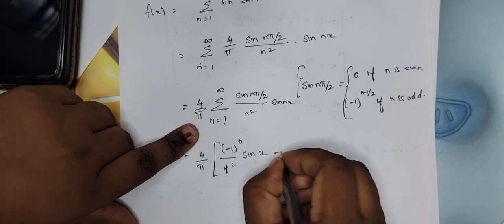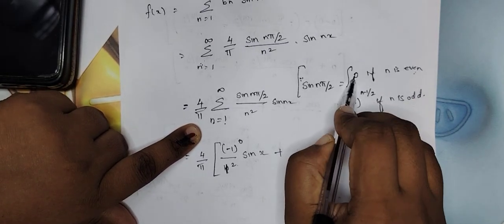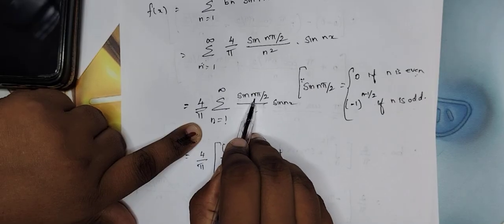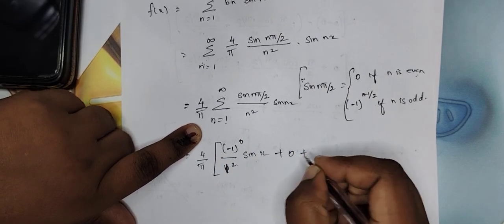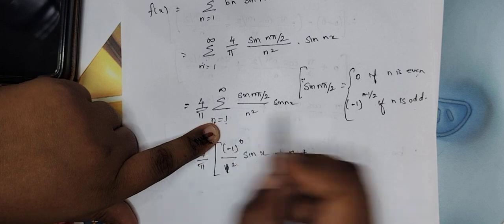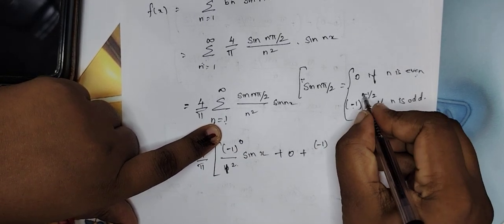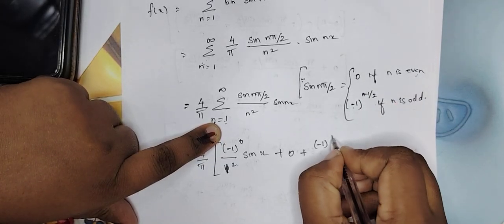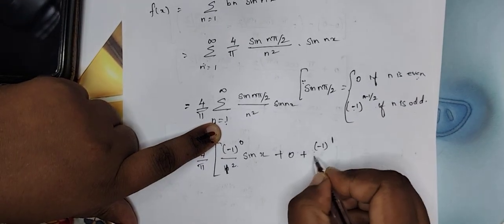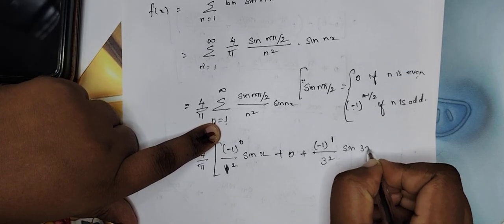If I take n = 2, which is an even number, its value is 0, so the upper value is 0, and 0 into anything is 0. Next, I take n = 3. According to the formula, it is (-1)^((3-1)/2). 3 minus 1 is 2, 2 divided by 2 is 1. So (-1)^1 by 3² sin 3x.